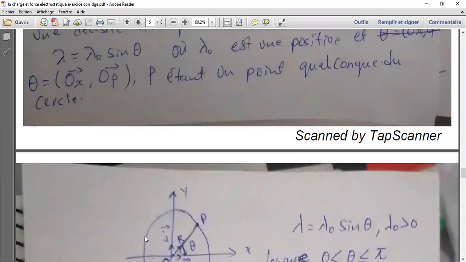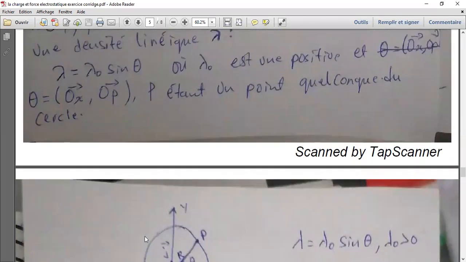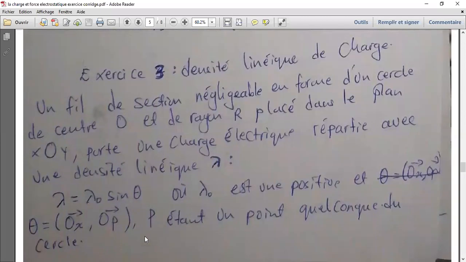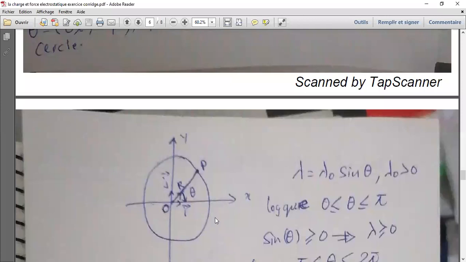So this is a string which is in the form of a circle. They've said you have a string in the form of a circle, and this string has a center O and the radius r, which is this radius.